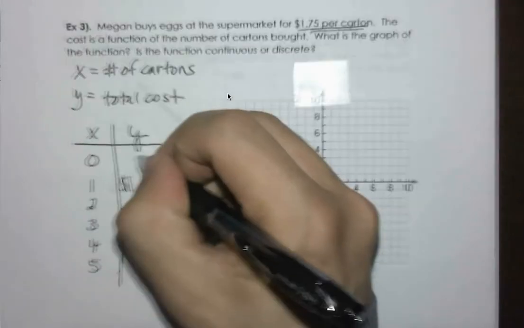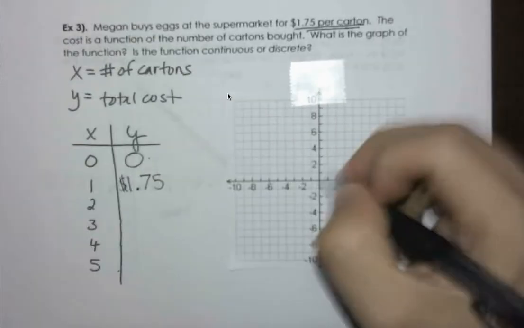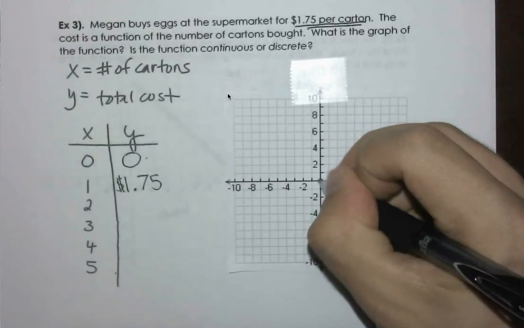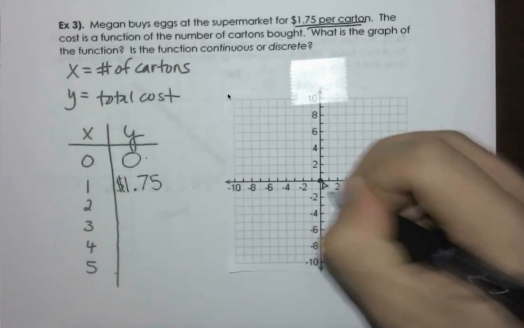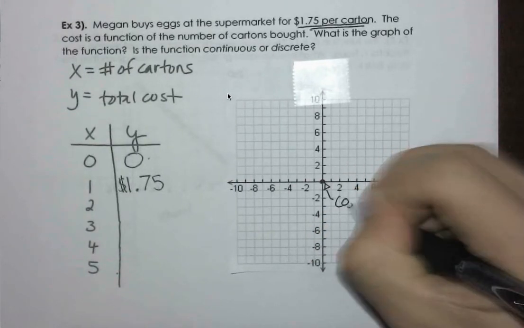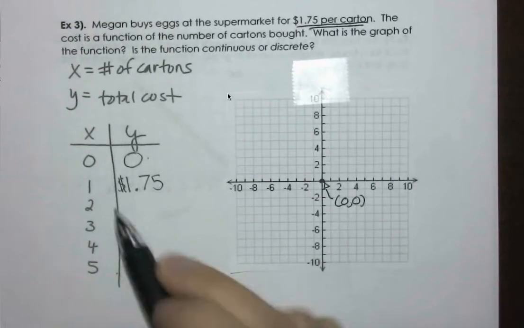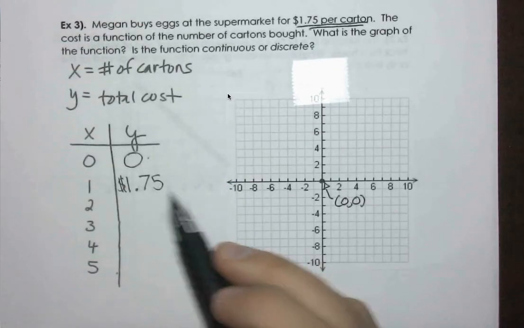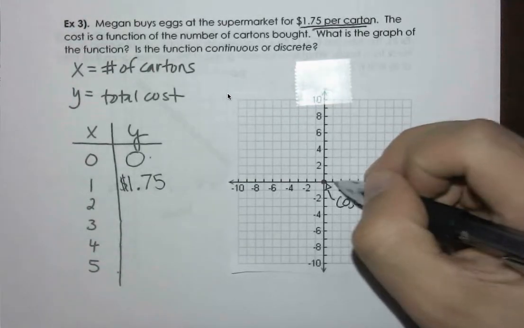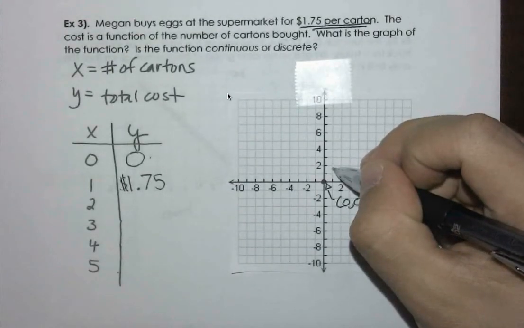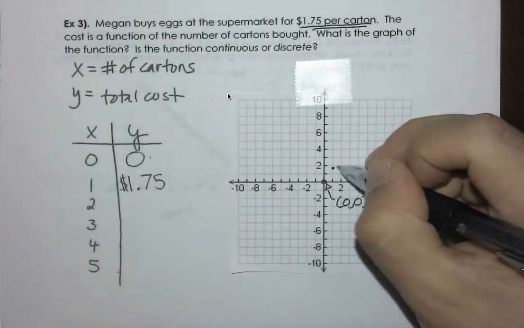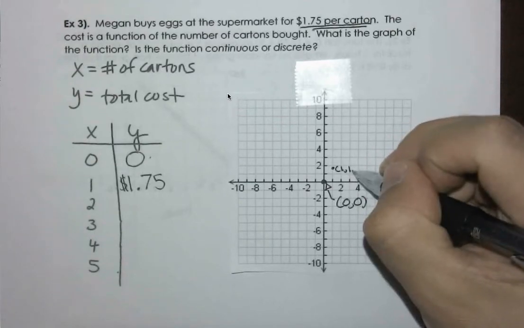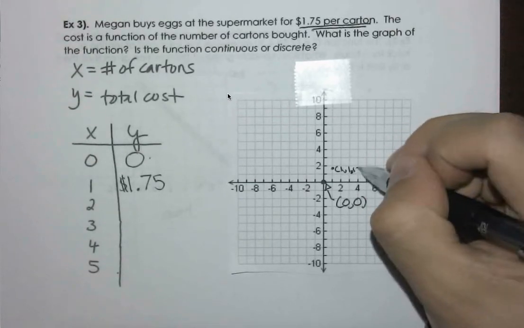Yeah, there's nothing. So these are 2 points we can already map out. 0, 0, seen here. The next point we just made, 1.75. So this is pretty close to 2, but we'll mark it up here. So this is 1, comma 1.75.